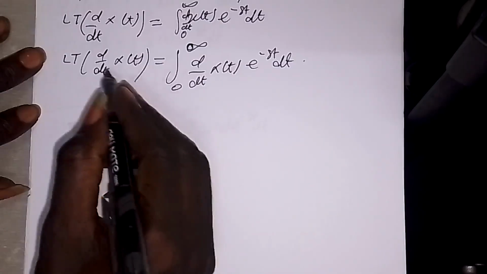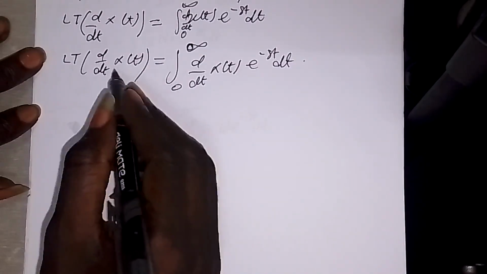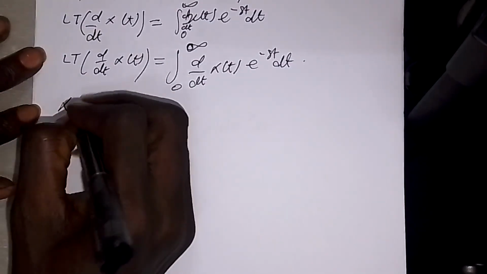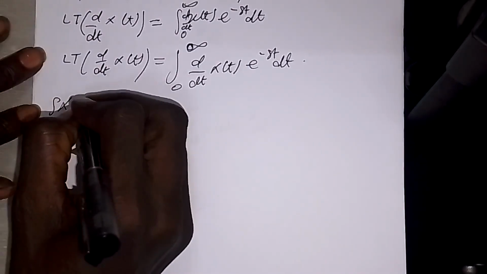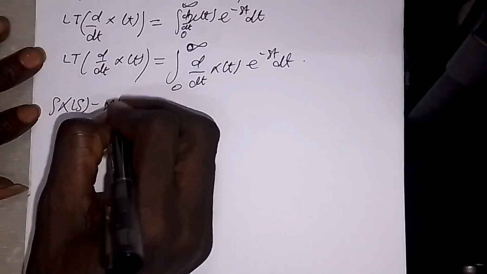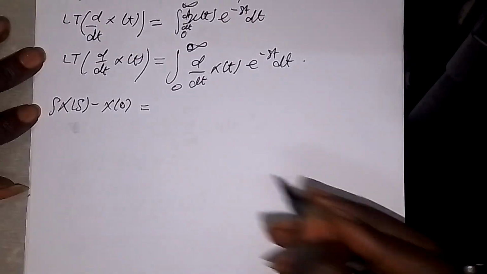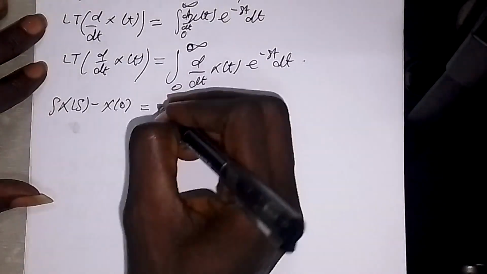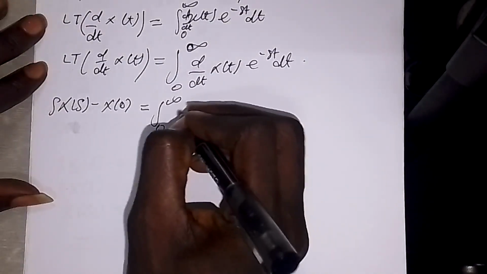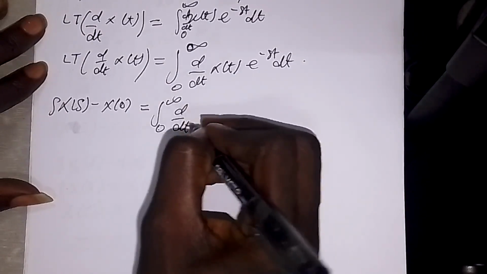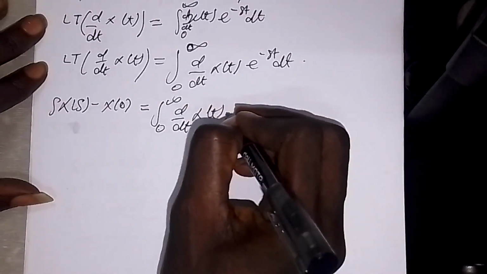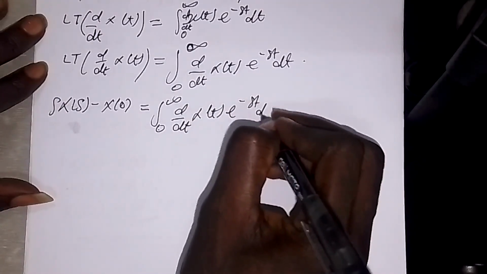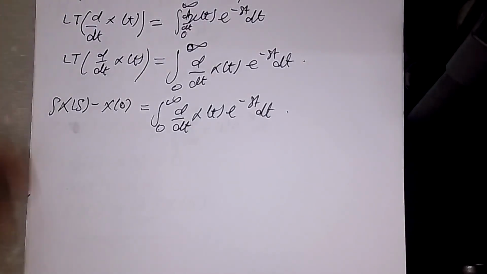When we did the unilateral Laplace transform, this equals s X(s) minus x(0), which equals the integral from 0 to infinity of dx/dt e^(-st) dt.